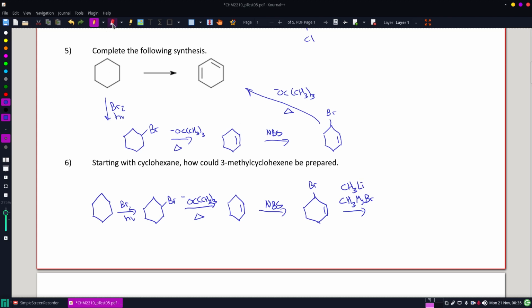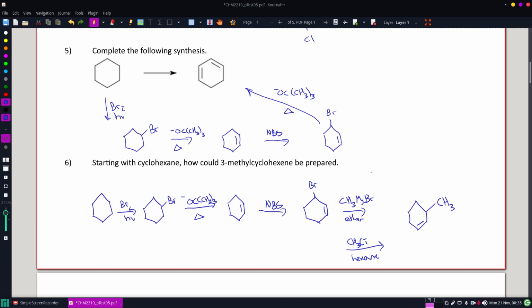Actually, what I'm going to do is do both. So with the magnesium bromide, we want ether down here. If we did it with the lithium, we can just say hexanes. But either way, we'll do a substitution of that bromine with a single methyl, giving us the final product.